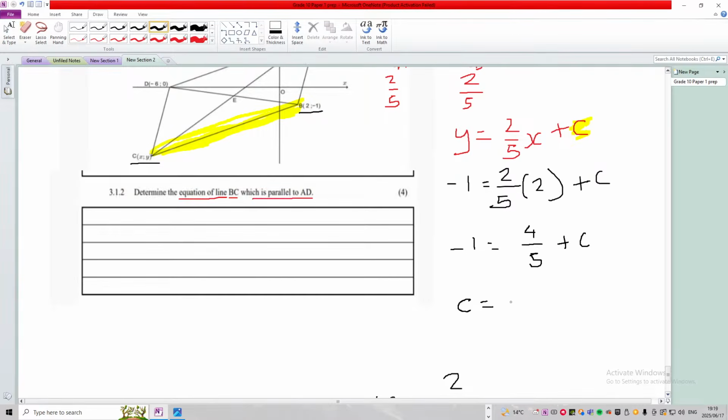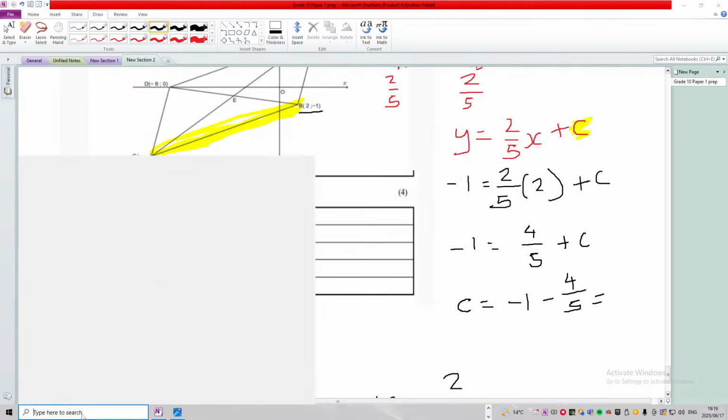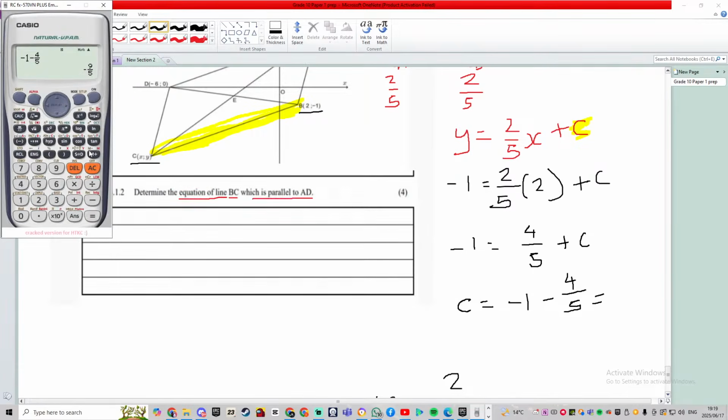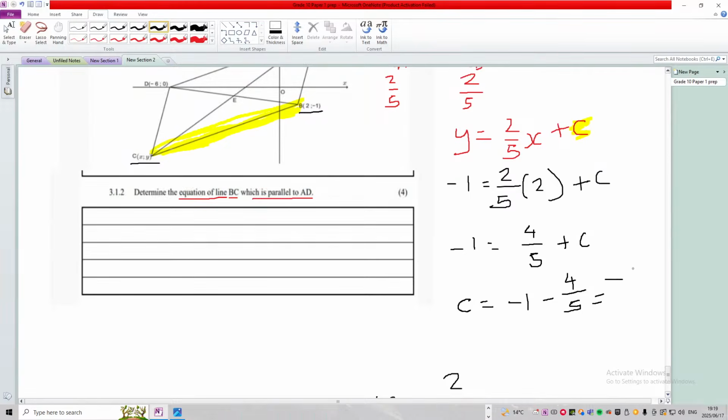Then c is equal to minus 1 minus 4 over 5. Let me just quickly find my calculator. Minus 1 minus 4 over 5 is minus 9 over 5. Don't waste your time doing it manually, please. Minus 9 over 5 is my c.